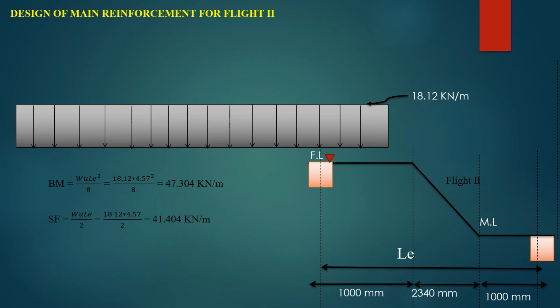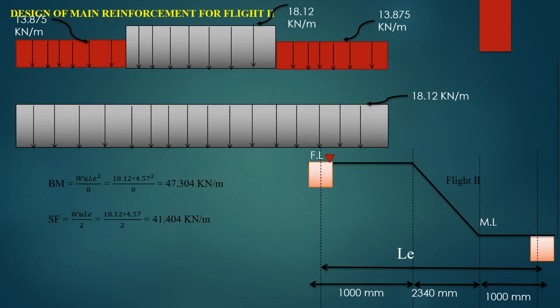So we did not take that distance, but in this case we are taking from the mid landing to the floor level. So the whole effective length will be considered. So let us check.